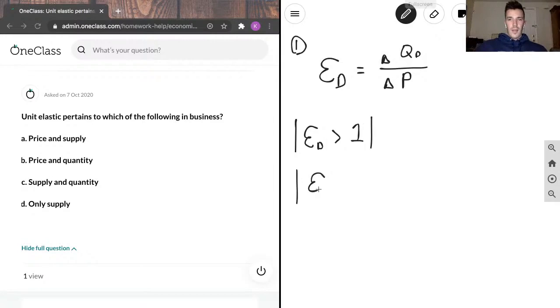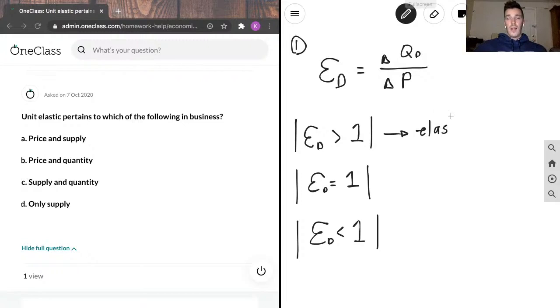The elasticity of demand can be equal to 1, or the elasticity of demand can be less than 1. When the elasticity of demand is greater than 1, we can say that the good is elastic.